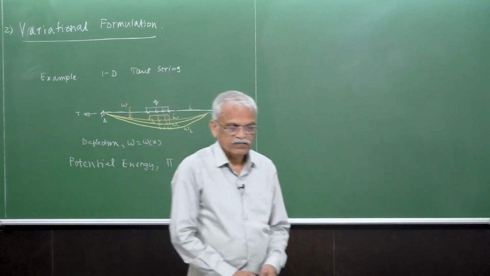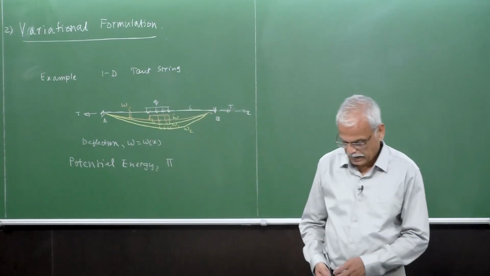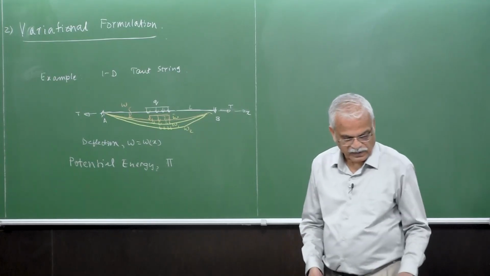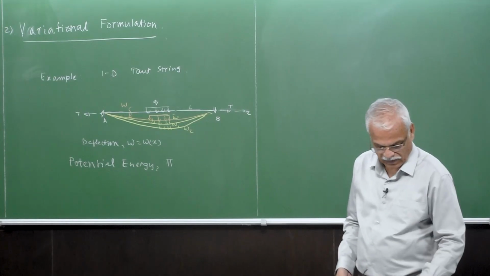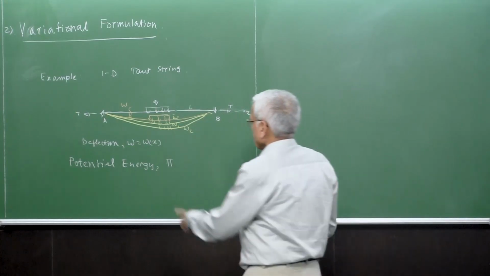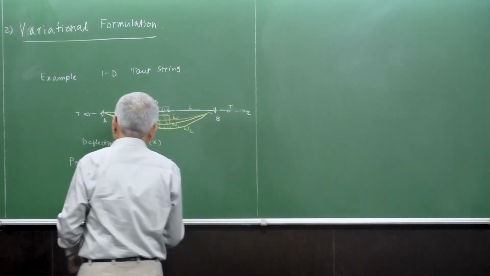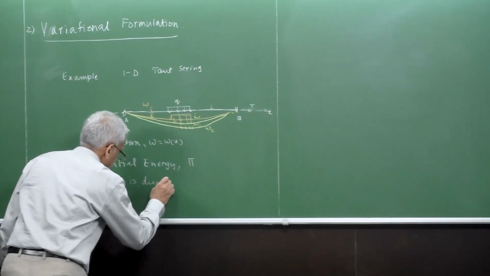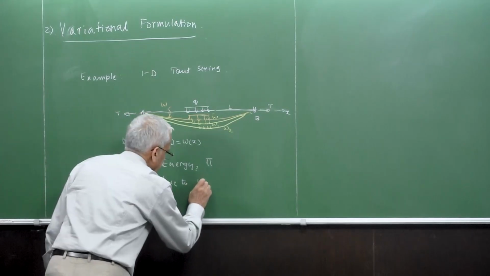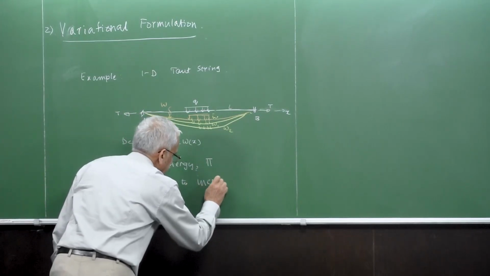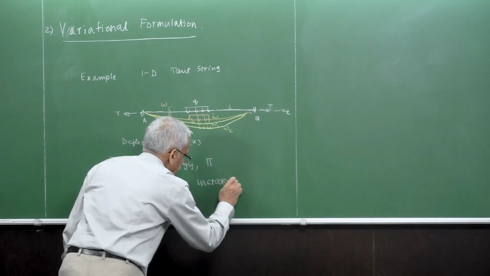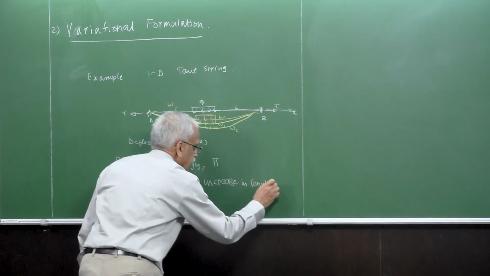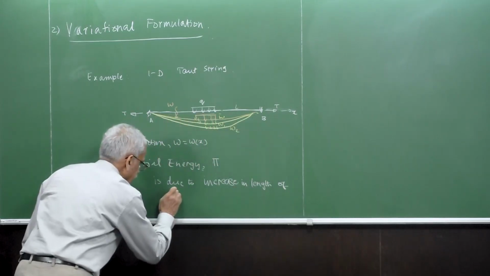So let us see, first of all, how we can calculate the potential energy. The potential energy we are going to calculate, to start with, is due to, number one, the increase in length of string.